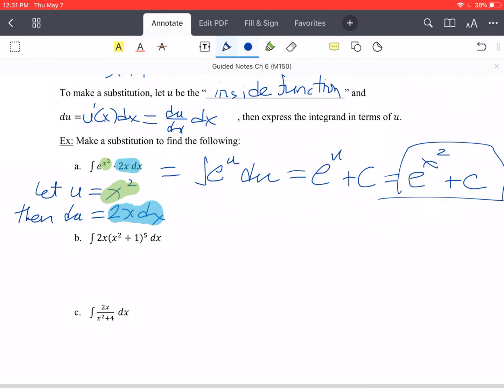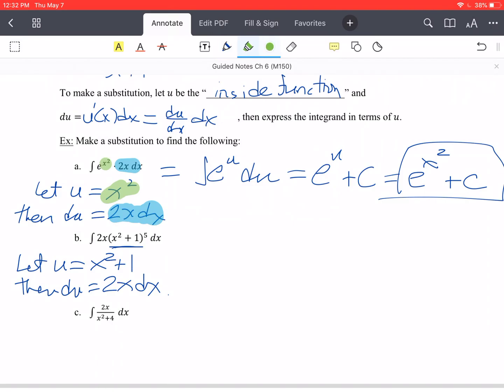Okay, so let's look at the next one here. Identify the inside function. So this is going to be let u equal x squared plus 1. Again, we're choosing the u value, but the du value, we have no choice. It just depends on what we picked. So in this case, it's 2x dx, just like it was before.